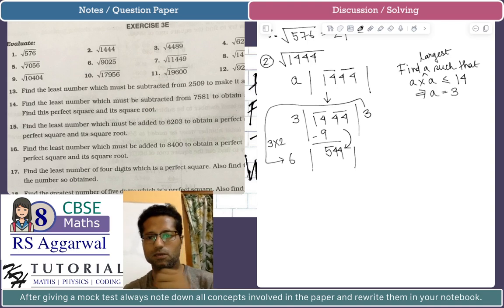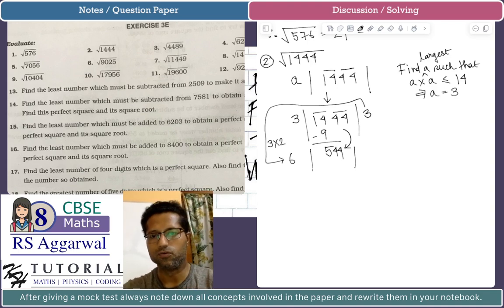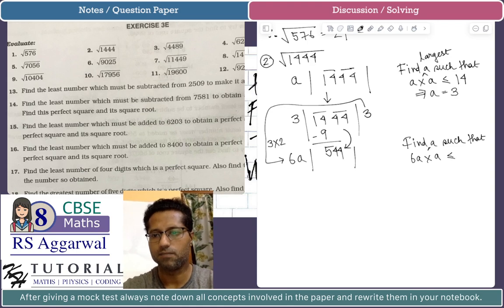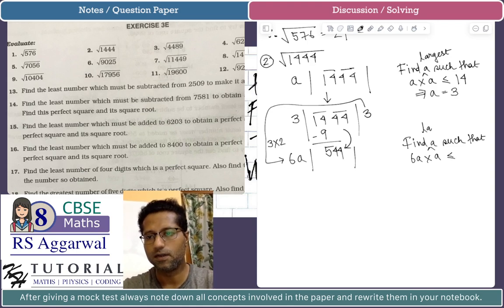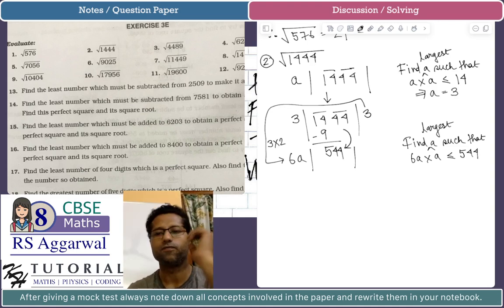Now I have to find the digit a such that 6a multiplied by a is less than 544. Find the largest a, sorry, I'm always forgetting that.